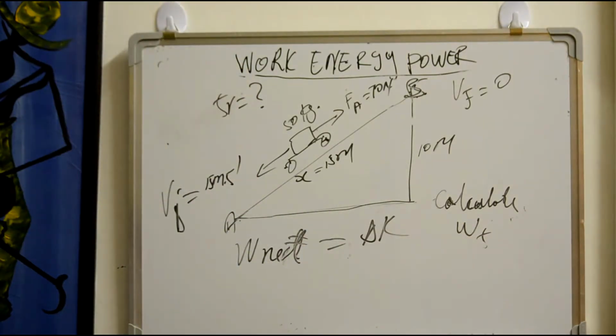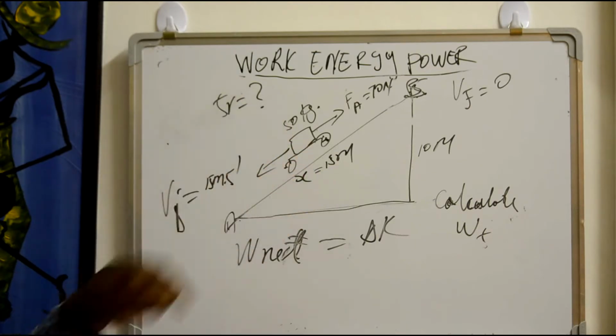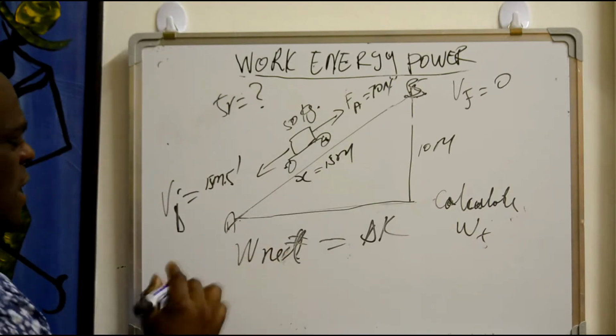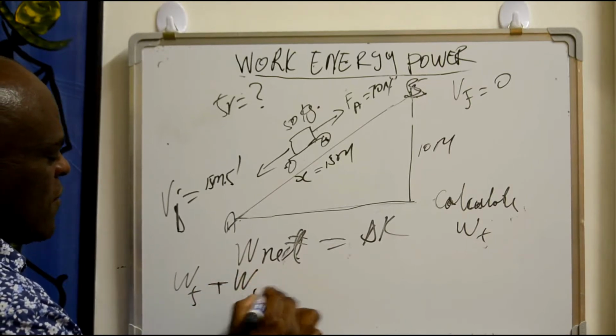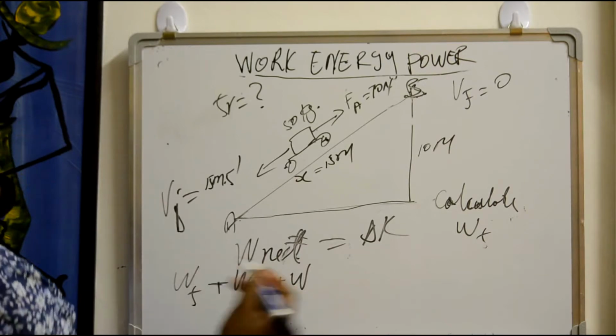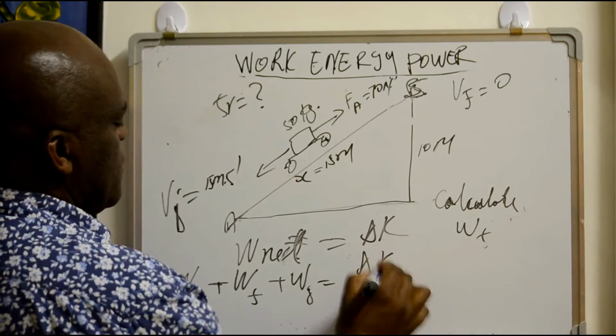How many forces are acting? We know the force of gravity, the friction, and the force applied. So how do you express it? Work net, that is the work done by the force applied, work done by the friction, and work done by gravity, is equal to the change in kinetic energy.